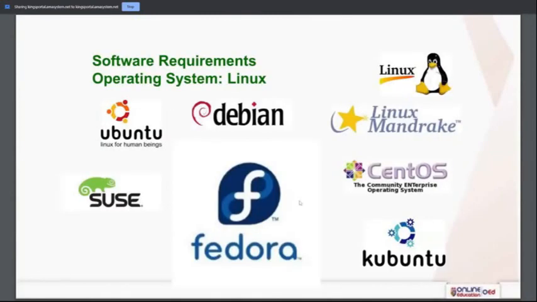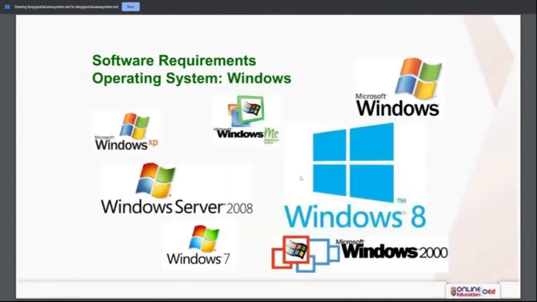And then the software requirements for this are the following: any Linux operating system would do, like Ubuntu, SUSE Linux, all of those Linux operating systems. We also have Windows operating systems like Windows 8, Windows 10, Windows 10 Pro, Windows 7. You can use PHP by having this operating system as well.